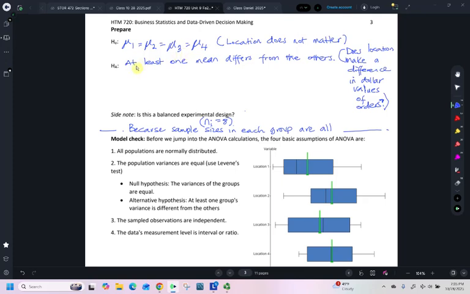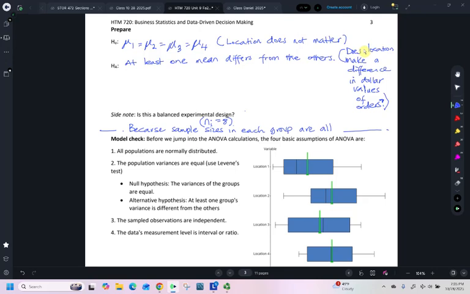On the other hand, the alternative would be the case where at least one of these means is not what? Is not the same as all other means, which can be restated as at least one mean differs from the others. When one of these means differs from the others, then we start asking what could be the reason for the difference of one of the means from the others.